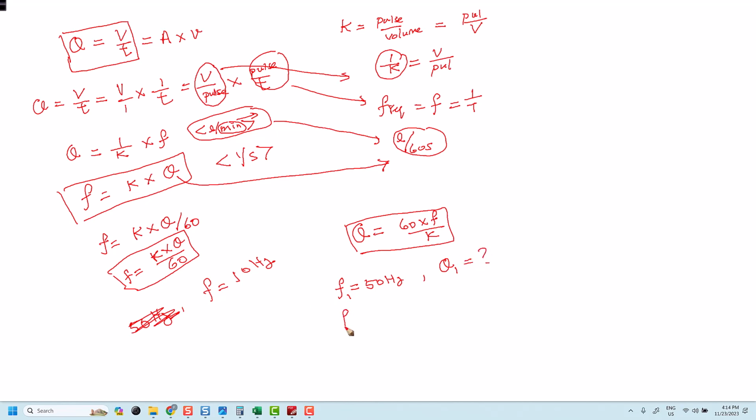If you inject a frequency of 100 Hz, you will get another flow rate. Okay, so this is how we perform simulation of the flow transmitter by injecting the frequency signal.